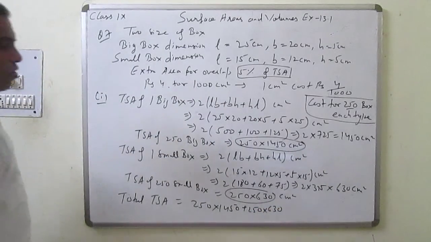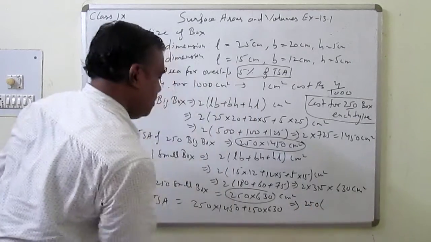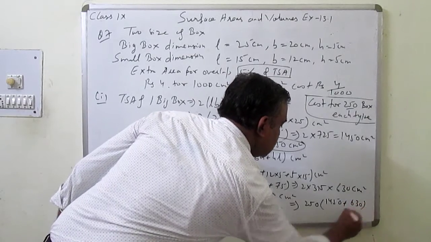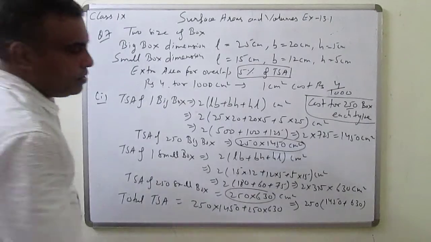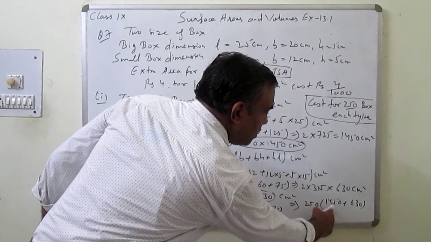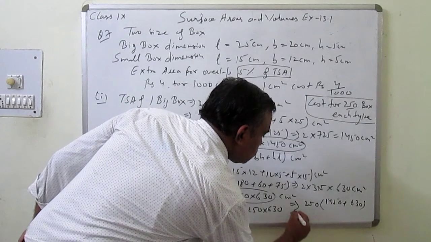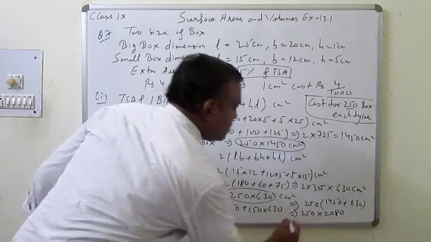Now take common 250, it becomes 1450 plus 630. If you add it, you will get 2080. It becomes 250 into 2080 centimeter square.